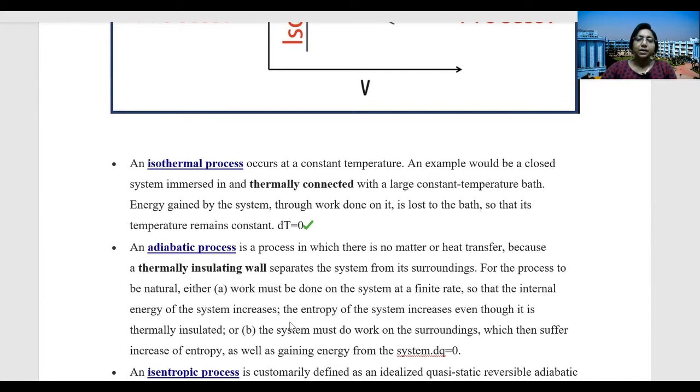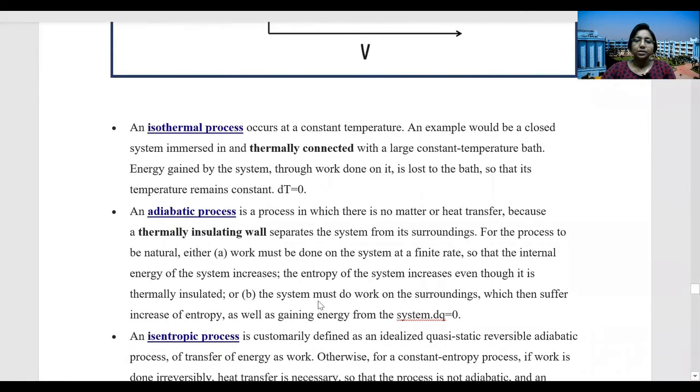Next is the adiabatic process. The adiabatic process is a process in which there is no matter or heat transfer, because a thermally insulating wall separates the system from its surroundings.